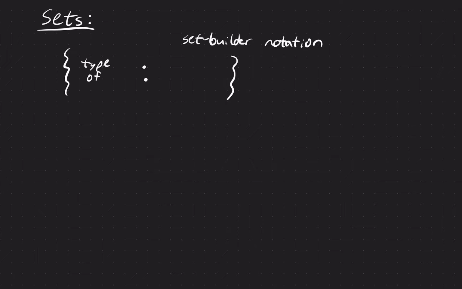Now, one more thing to touch on, this is called set builder notation. And it comes in two parts. It's essentially a type of object and the condition it has to meet to be included.